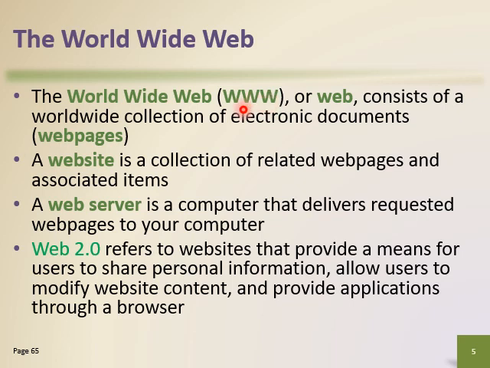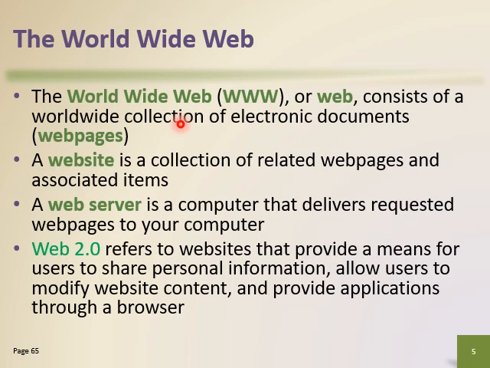It has a lot of electronic documents, or lots of web pages. Every electronic document is known as a web page, and a web page contains pictures, text, videos, audio, graphics, animation, anything you want to add into it.